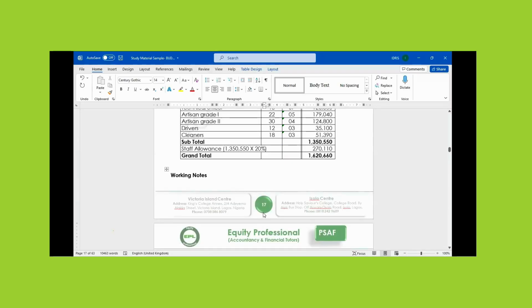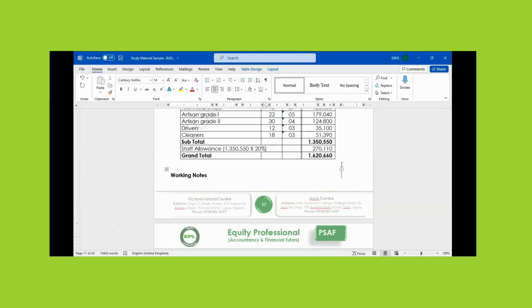When you now get the total salary, 1,350,550, you find the staff allowance. In the question, they say staff allowance is 20%. 20% of 1,350,550 gives you 270,110.